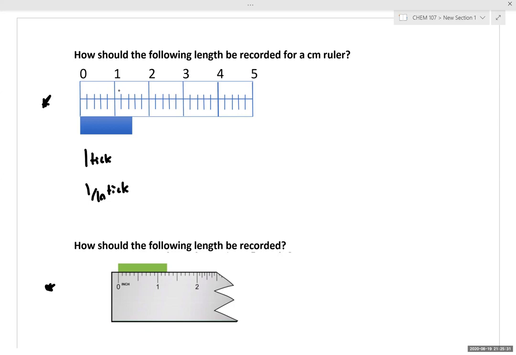And the responses I'm seeing in the chat look reasonable so far. Keep in mind the number of sig figs that you're reporting in your measurement for the first example. Let's try to get a few more responses for the first example, and we'll discuss just the first one in about another minute and a half.